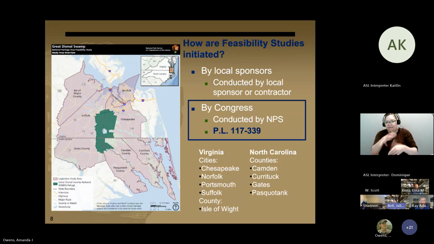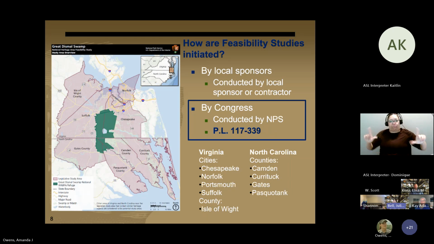So you can see it crosses state lines between Virginia and North Carolina. And the green area is the current Great Dismal Swamp National Refuge area. So you can see our study encompasses a lot more of the region than the swamp itself takes up. But of course, historically, the swamp was much, much larger and took up more of this landscape.